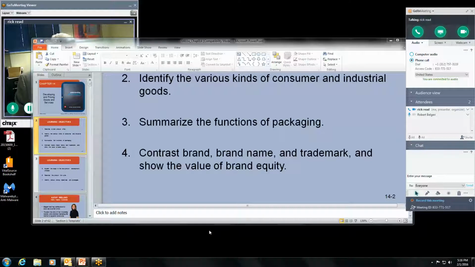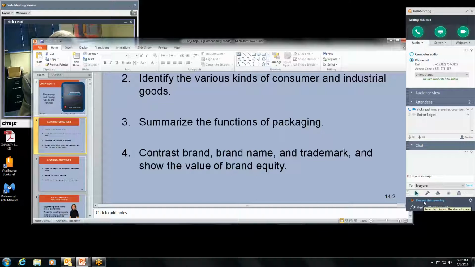Anyway, we're now developing and pricing goods and services, and I can't seem to move these slides at all. There is a bullet you can't see, and it is describe a total product offer. Then identify the various kinds of consumer and industrial goods. Summarize the functions of packaging.